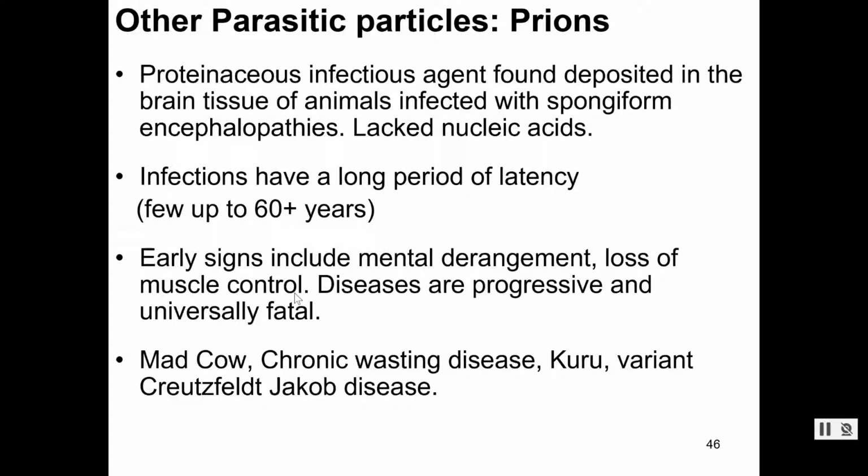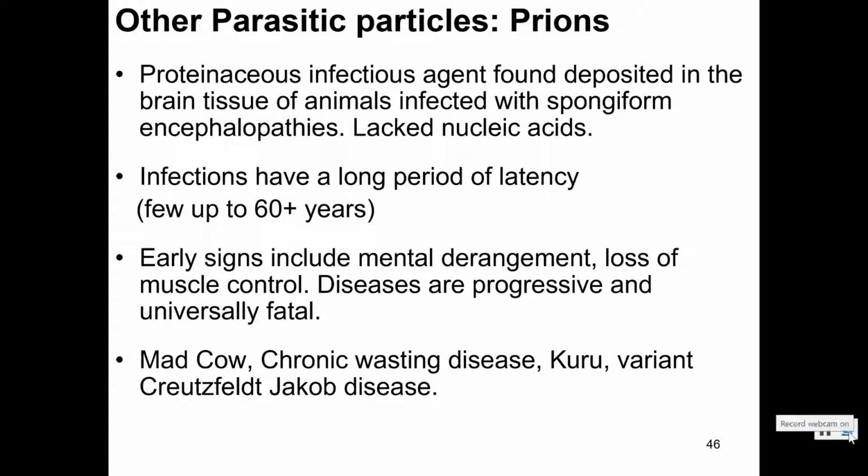These diseases are progressive, so they get worse and worse, and there's no cure for them. They are always fatal, so this is a pretty big deal. Diseases in this category include mad cow disease, Creutzfeldt-Jakob disease, Kuru, and chronic wasting disease.